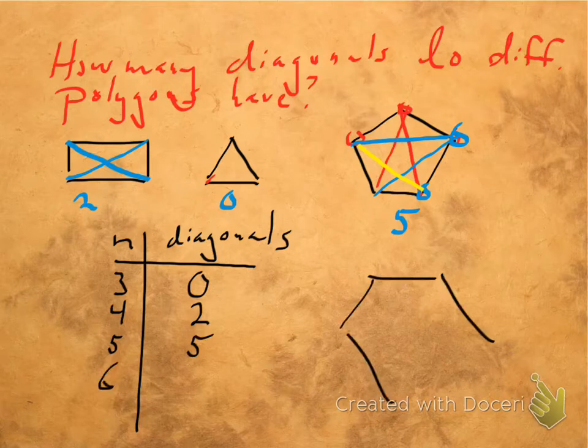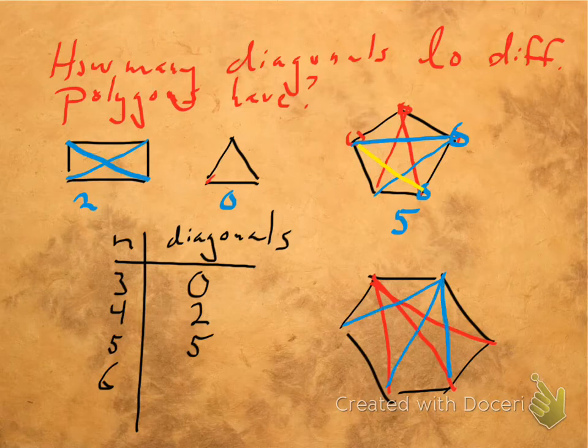So let's go ahead and draw a hexagon here. And again, let's color code it. We'll start with one vertex up here, and I can draw in 3 diagonals from that vertex. Go to the next vertex, and again, I can draw 3 diagonals. When I get to the next vertex, I've already got one drawn in, but I can draw 2 more. And then when I get to the next vertex, it already has a red one and a blue one, so that takes care of 2 of the diagonals, but I can draw 1 more in.